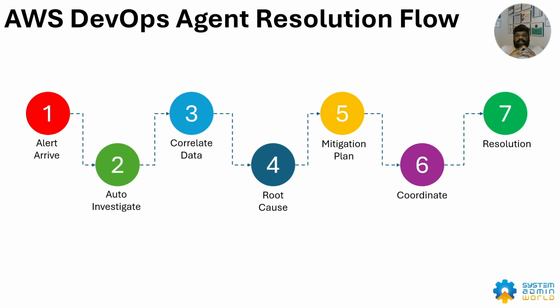The second step is auto investigation. It starts immediately, analyzing the telemetry data. Then it correlates the data: the agent links alerts, code changes, deployments, and infrastructure events, collects all the related data, and then starts finding the root cause.